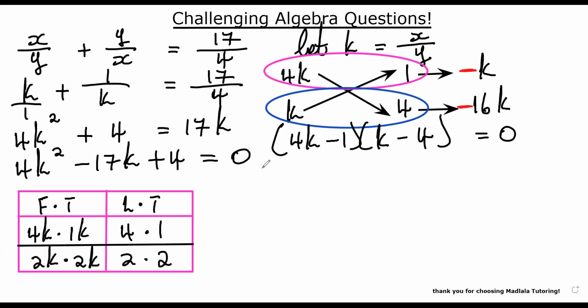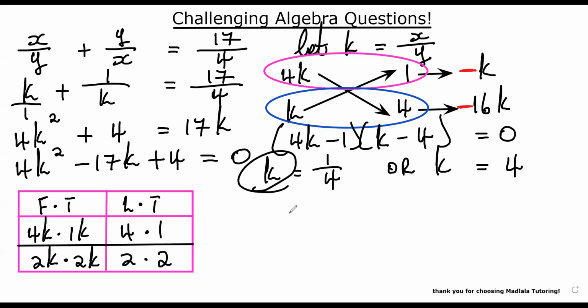So now using the zero vector law, we can see that 4k minus 1 is equal to 0. Then we take 1 to the other side and divide both sides by 4. So this means k will be 1 over 4, or k will be a solid 4. But the question is, what is k?